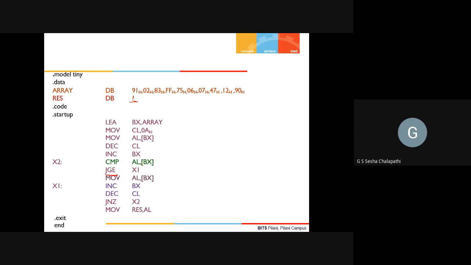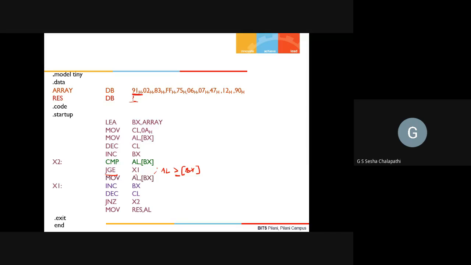If AL is greater than or equal to this byte, then nothing needs to happen. Otherwise, move the byte into AL. Basically AL will have the greatest number. We start with the assumption that the first byte is the greatest number. So that is what I have put.